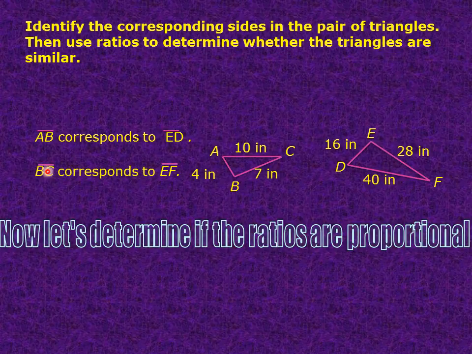Okay, so BC corresponds to EF, so that would be BC right here, and EF is up here on top. Of course, also looking at it, if you look at A, B, C, D, E, F, the orientation of the letters, they are going to be in alphabetical order, and that will also help you match up the sides.